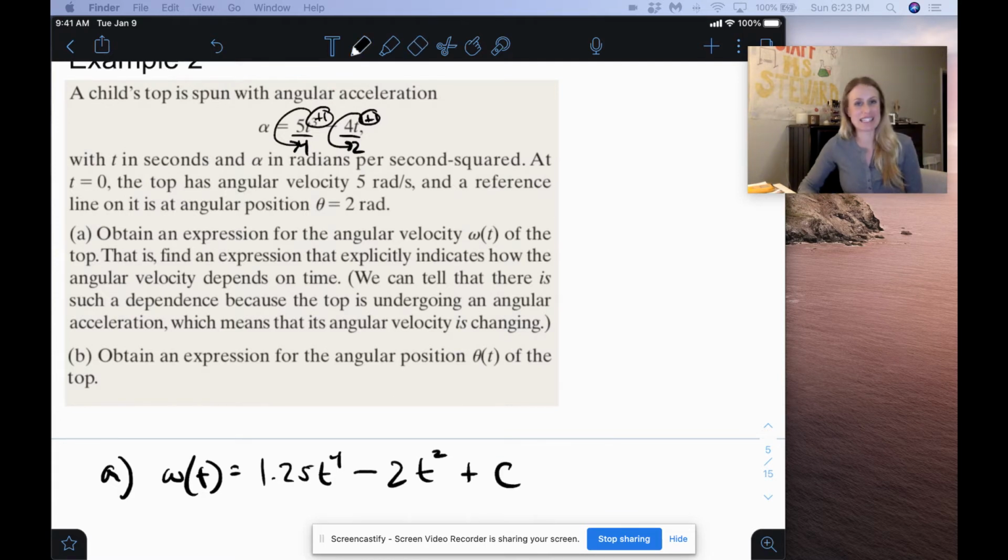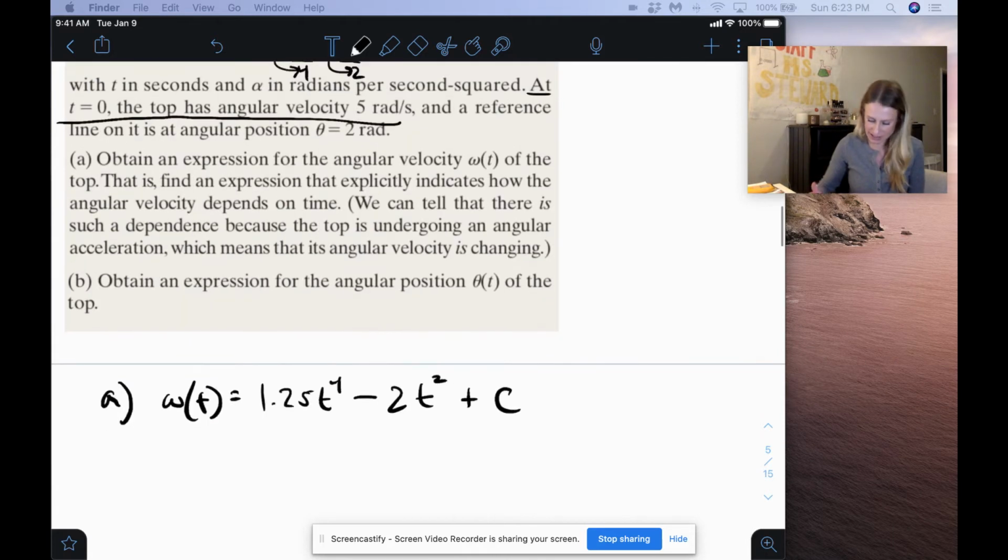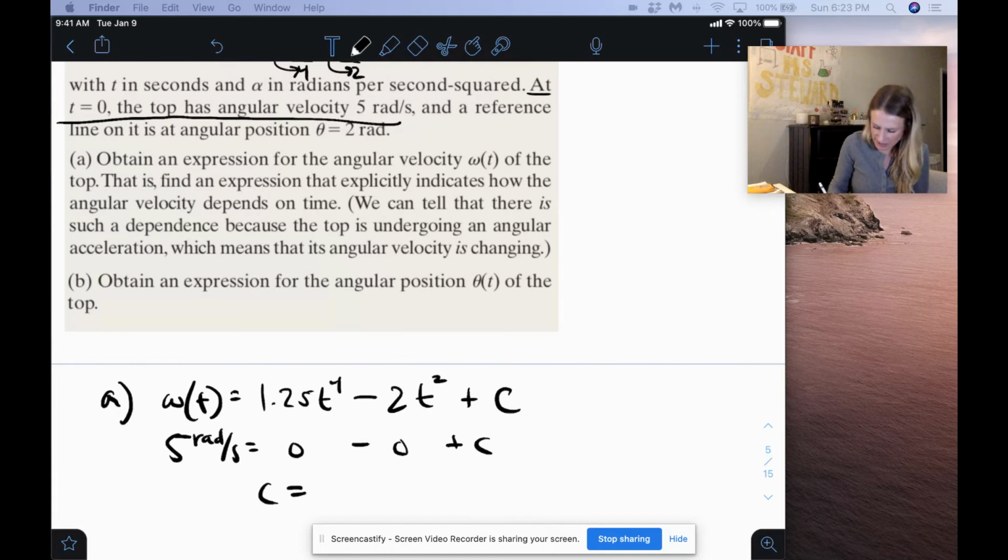And then, of course, we add that C term. So in order to find what that C is, we know that they tell us at time t equals 0, the top has an angular velocity of 5 radians per second. So that means our angular velocity is 5 radians per second at time t equals 0. So this term is 0, this term is 0, and then C ends up being 5 radians per second.